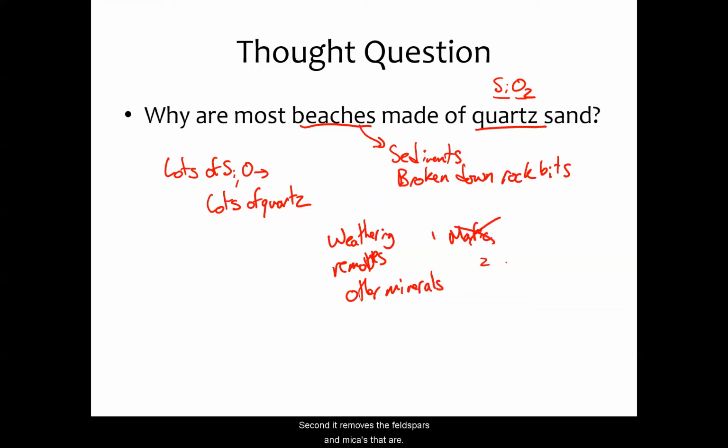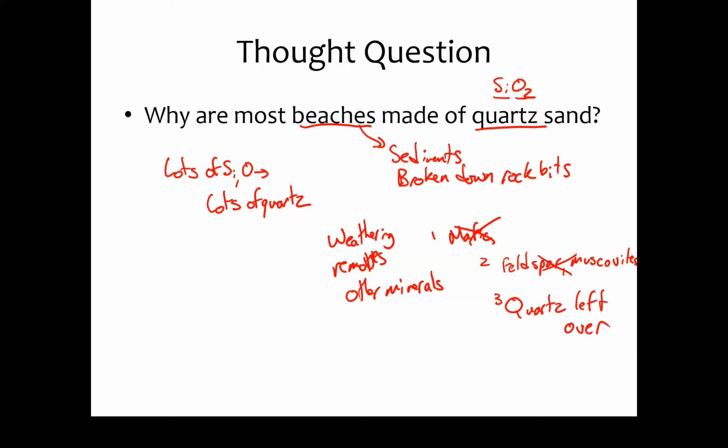Second, it removes the feldspars and micas that are still pretty resistant to weathering, but they're not quite as resistant as quartz. And third, only the quartz is left over because it has not weathered. Because its bonds are so strong, it's resistant to weathering. And as a result, the weathering that goes on at Earth's surface, producing particles of sand, is going to leave quartz left over.